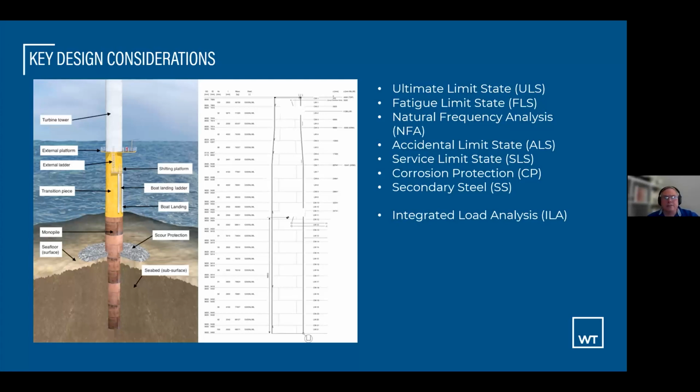Natural frequency analysis is also a big deal. The turbine itself will have a natural frequency based on rotating components in the nacelle, the generator, the rotor, the wind turbine hub. And you have to stay away from that natural frequency throughout the rest of the structure. So if you think of this, it's a long, thin steel tube.